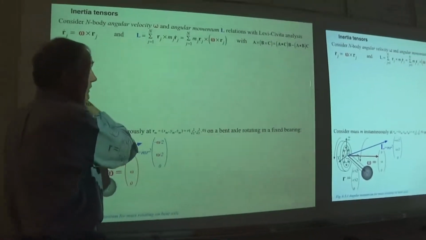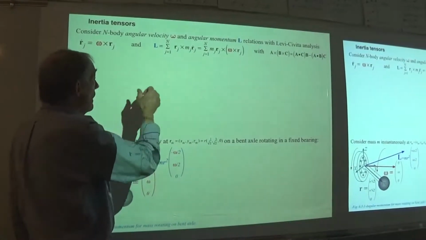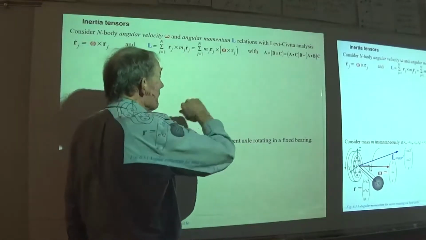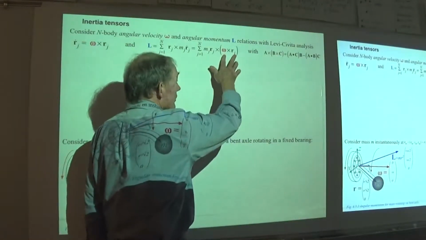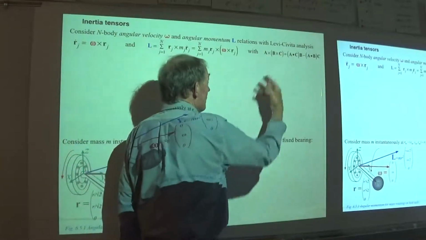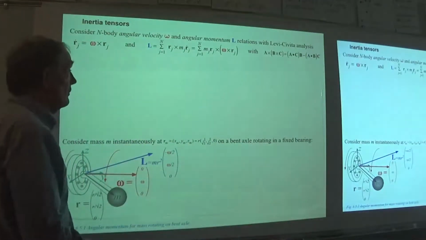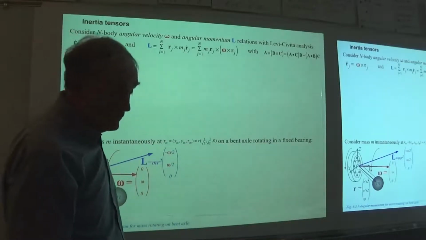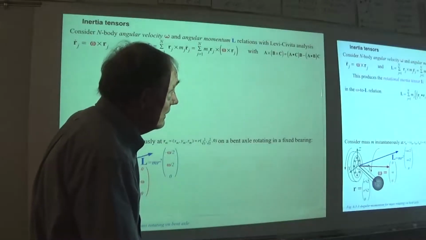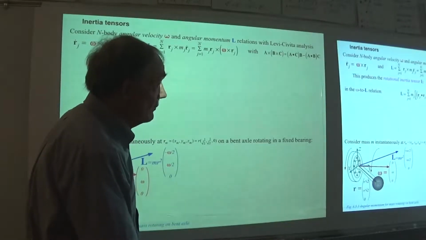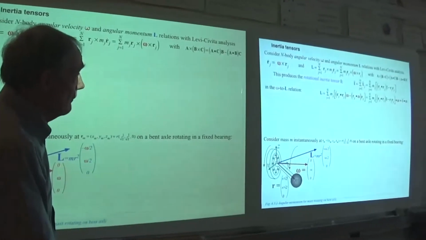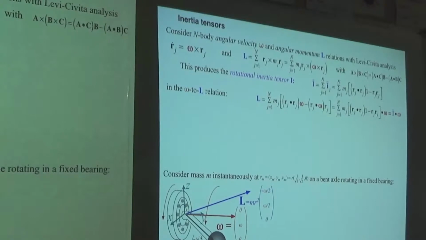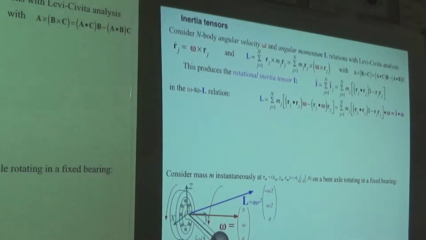Angular momentum being constant. Now, angular momentum, as we've said, is r cross velocity. But if that velocity already is a cross, then it's time to use the triple product or Levi-Civita tensor, but we'll just use the old-fashioned Gibbs way of writing this thing. And the idea is that what comes out of this is the angular momentum is a quadratic form of an inertia tensor.